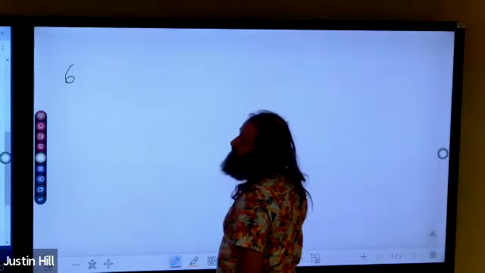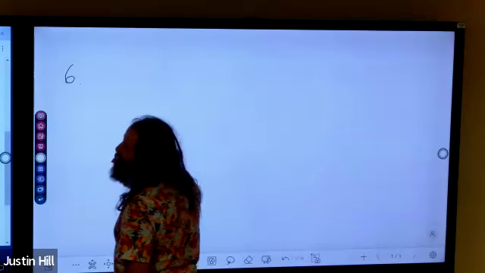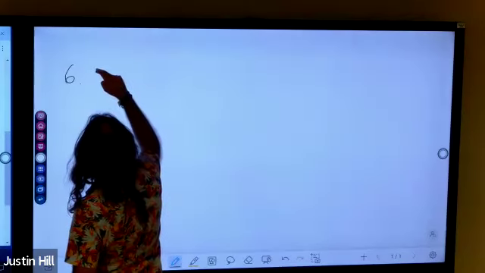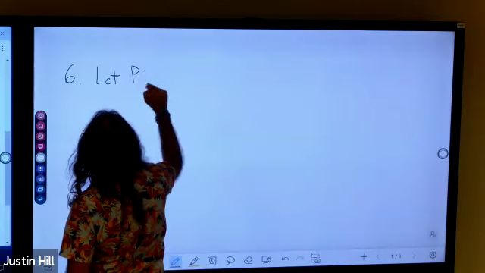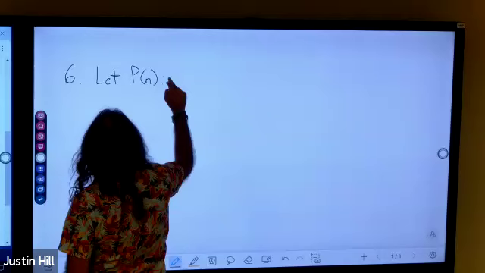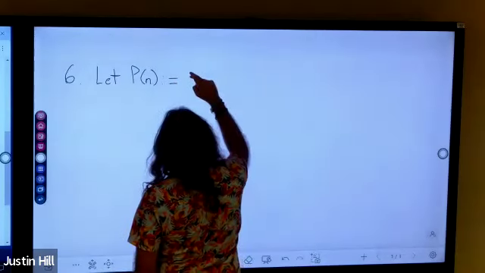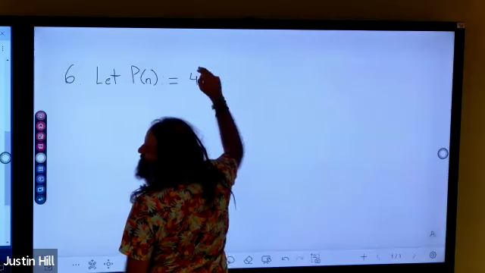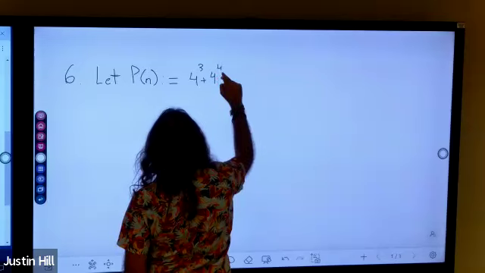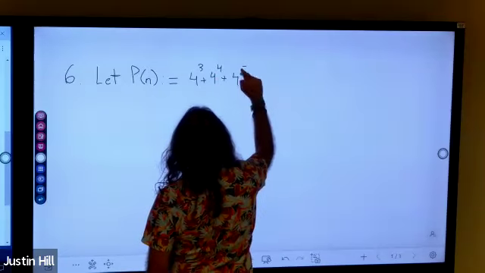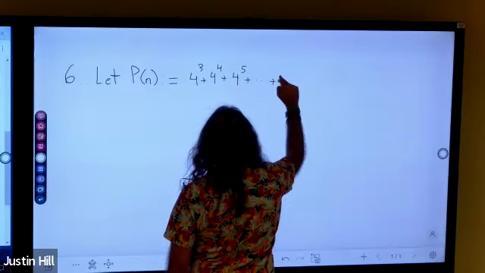So let's see if we can get that going for this one. I want to start out just by defining my statement. Let P of n be the statement 4 to the third plus 4 to the fourth plus 4 to the fifth plus ... 4 to the n.